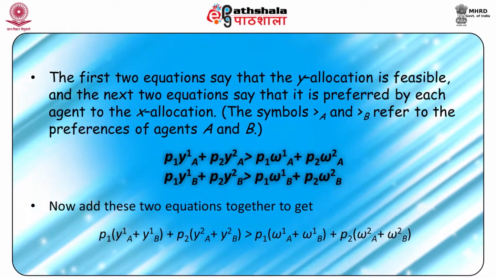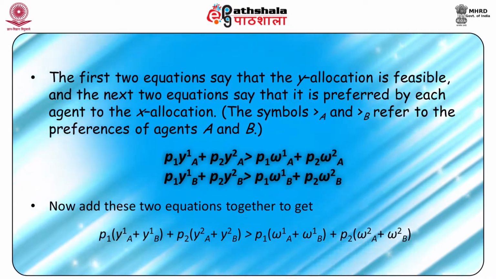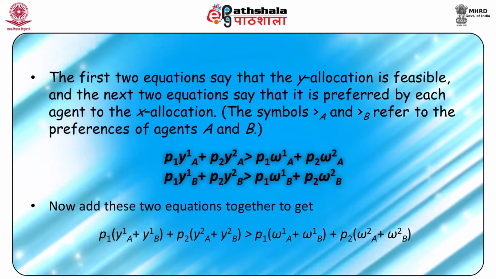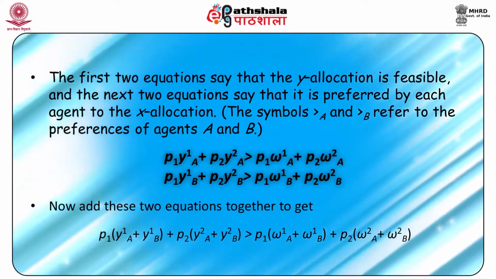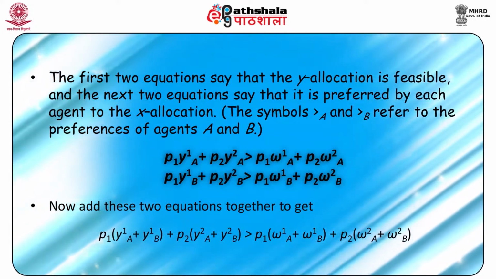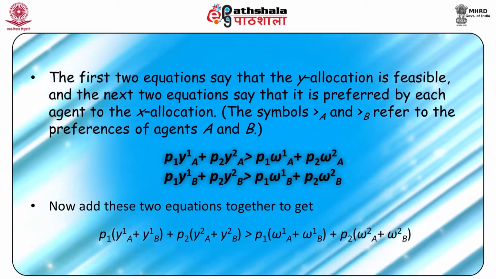Now adding these two equations together, we get P1 into (y1a plus y1b) plus P2 into (y2a plus y2b) is greater than P1 into (omega 1a plus omega 1b) plus P2 into (omega 2a plus omega 2b).